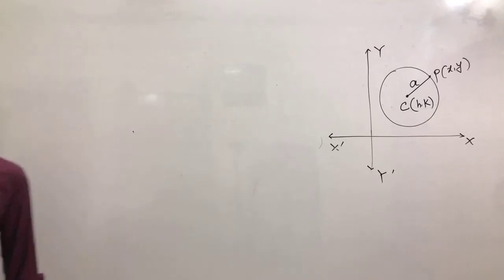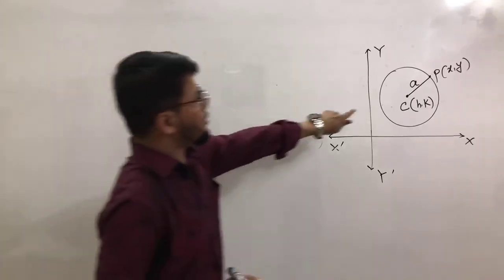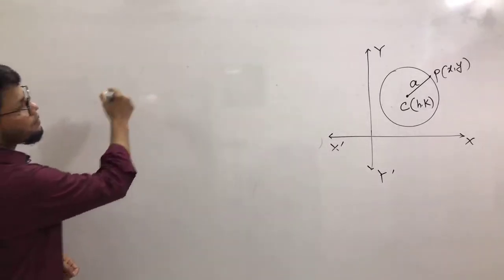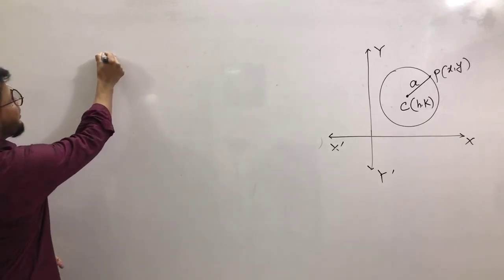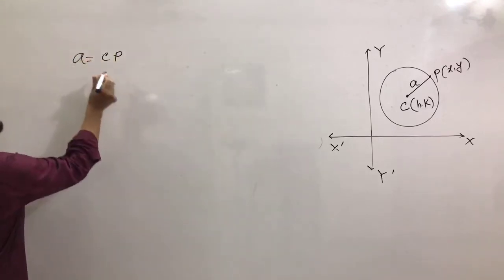From the coordinate geometry, we can write here, this is the CP. Now the length CP is equal to a.